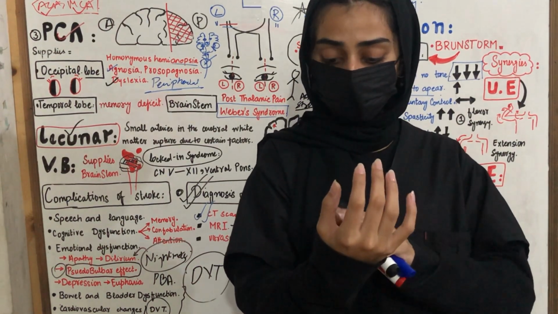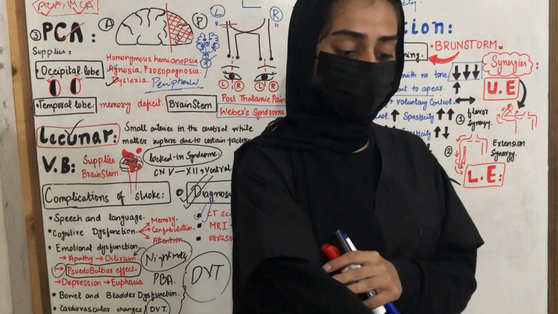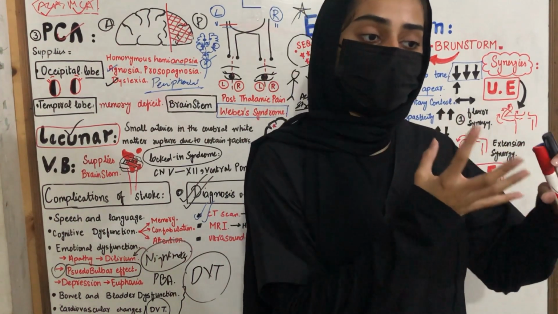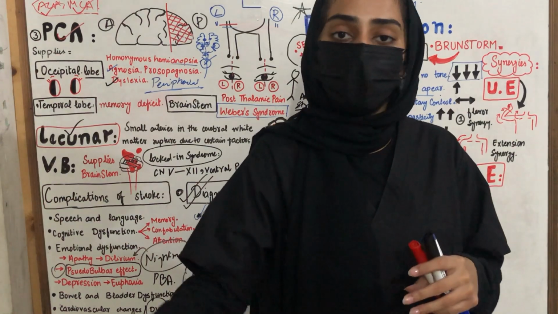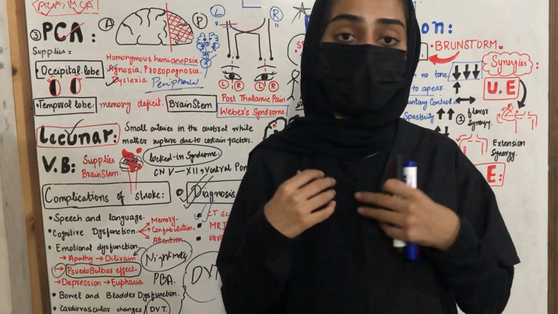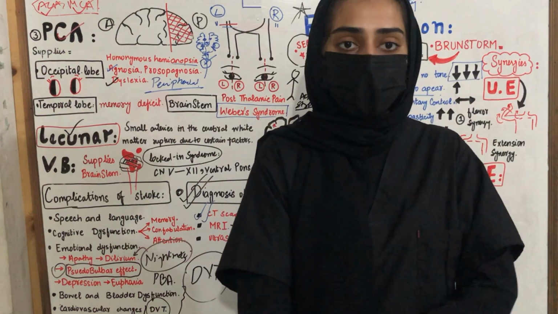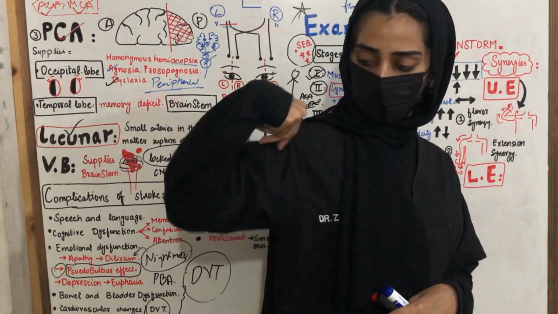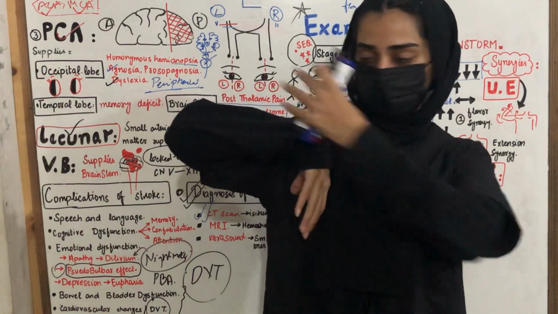But if they want to move just one joint, there will be a pattern in which 3 or 4 movements combine together, and that's involuntary. For example, I'm a stroke patient, ACA or MCA stroke. I have upper limb paralysis, and I want to move a limb. If I try to move a limb, the other limbs try to move together, and this is a synergy pattern.